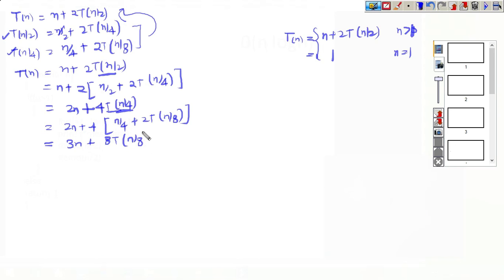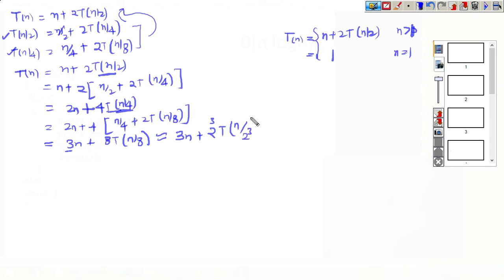Okay, so now we need to look at the general term. Now this is the third term, so here you can see 3. This can be written as 2 power 3. So you can write 3n + 2^3 T(n/2^3).